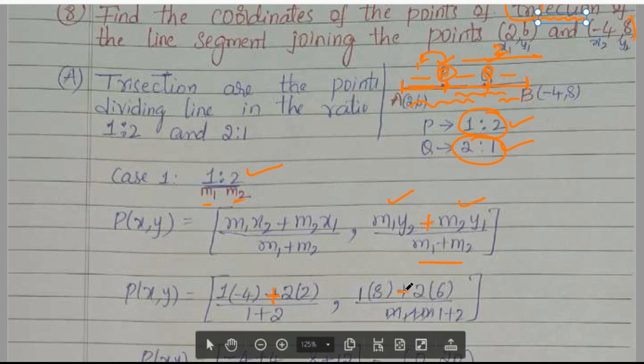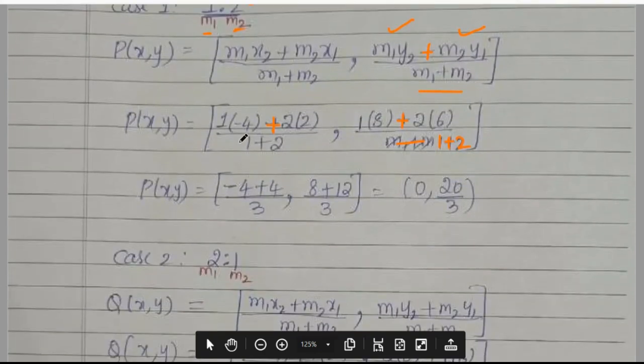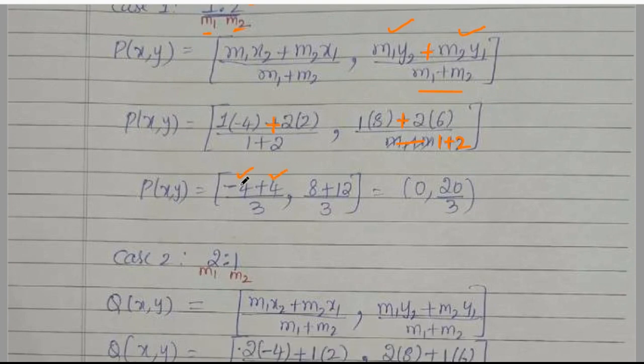The formula has plus so I am replacing plus. M2 is 2 and y1 is 6, so 2 into 6 by 1 plus 2. So M1 plus M2 is 1 plus 2. So we will do simple calculation. 1 into -4 is -4, 2 2s are 4, -4 plus 4 is 0, 0 by 3 is 0, 8 plus 12 is 20, 20 by 3. So this is the first trisection point which is denoted by us with P.